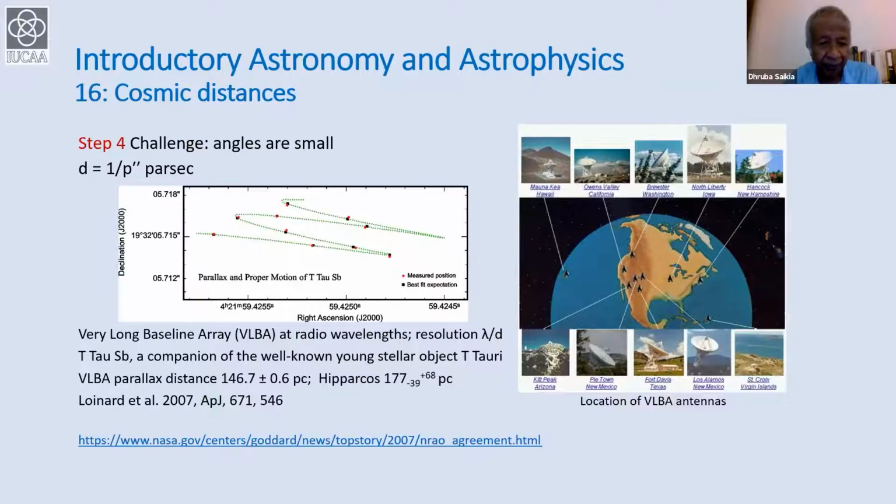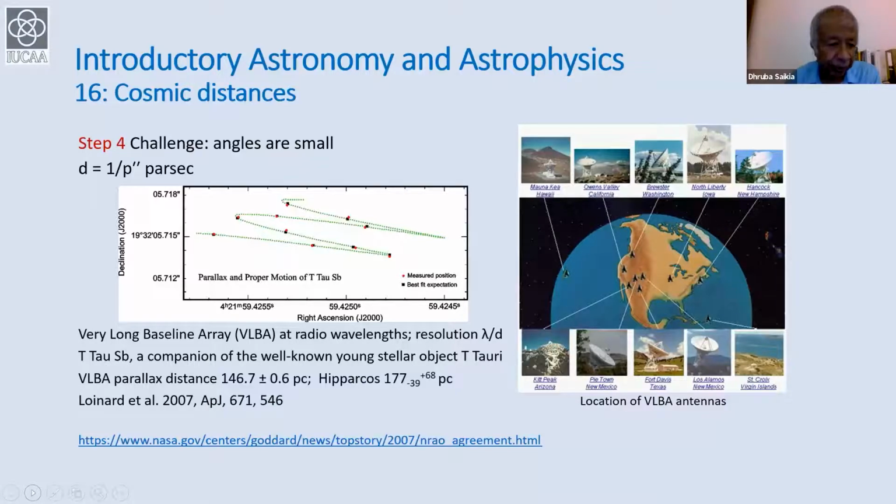Here they have measured the positions of the objects, marked in red, from VLBA observations. And what is also shown is the best fit expectation of the position of the star given both parallax and proper motion of the objects. So this is something which one has to factor in while trying to determine distances.